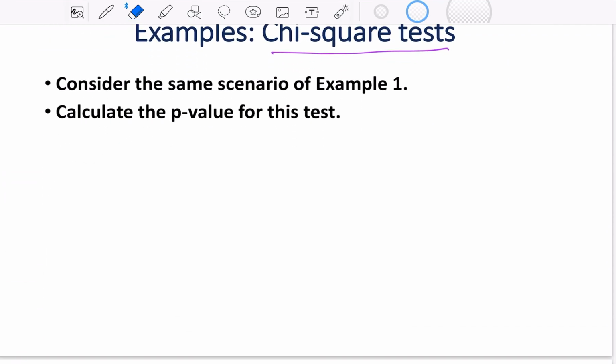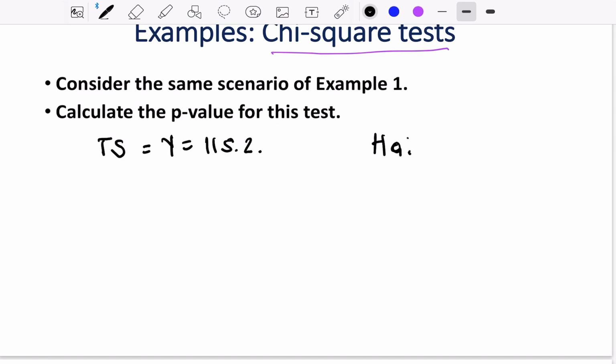So we have our test statistic, and then our alternative, remember, was upper tailed. So your sigma squared is greater than 7.25, if I'm not mistaken, squared.